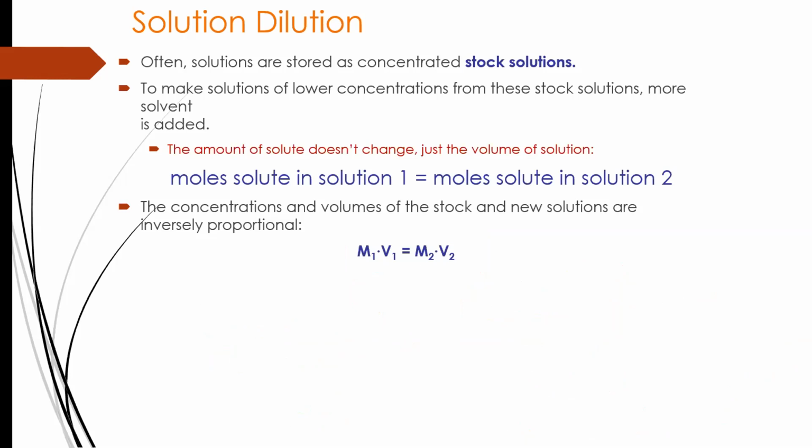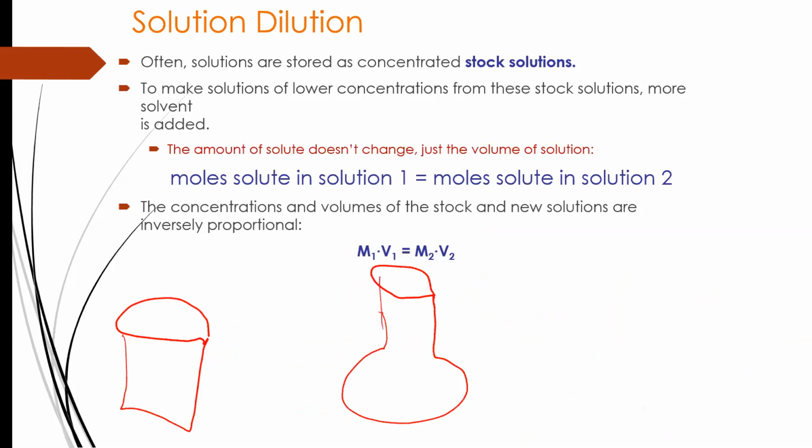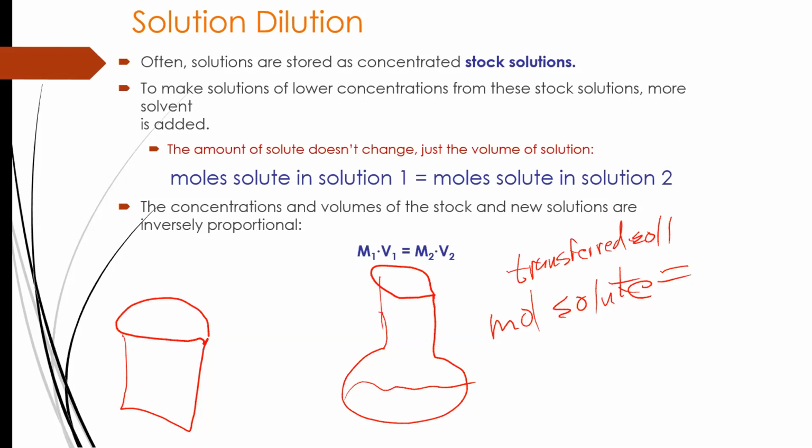If we have one solution here and we're making a second solution over here, what we're transferring in there, the moles of that solute is going to be equal from what we transferred from solution 1 to what's inside solution 2. So if this is our solution 2, this is our solution 1, all of that solute that's there is going to be equal to each other.